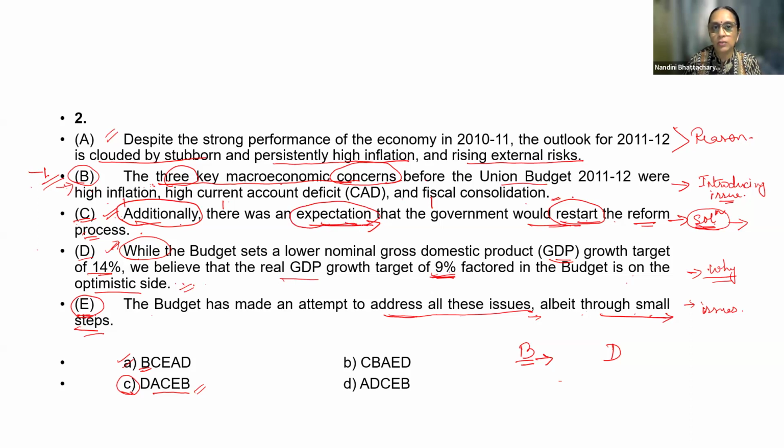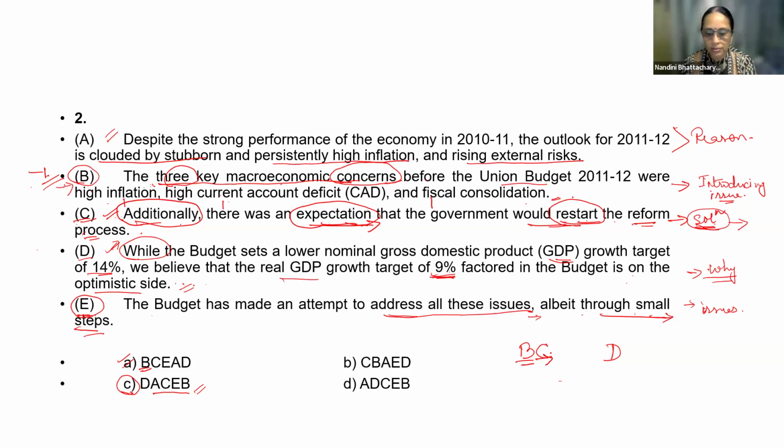So that is also one of the other concerns, right? So the key macroeconomic concerns before the government were this, and there was also a concern that a reform process should have begun. So we could say, yes, C can come after B.